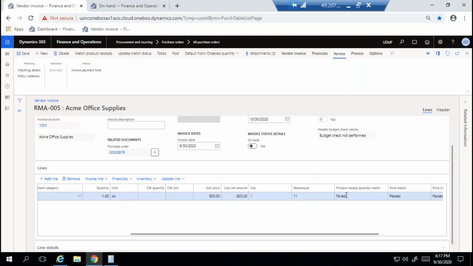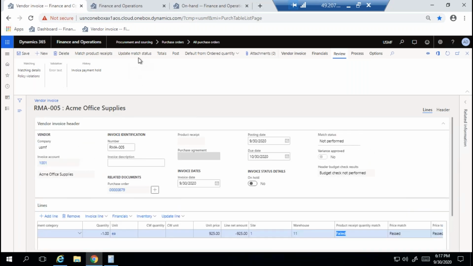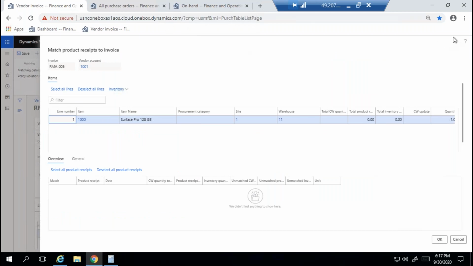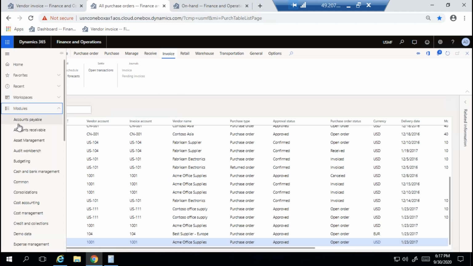So three-way matching is enabled. That is the reason it is asking for like this one. If you enable three-way matching, it will validate, or let me verify, it will validate, I think. Let me try. Update match status. Failed. So it is asking for product receipt. Give me 1 second. If three-way matching is enabled, then you need to do product receipt also.